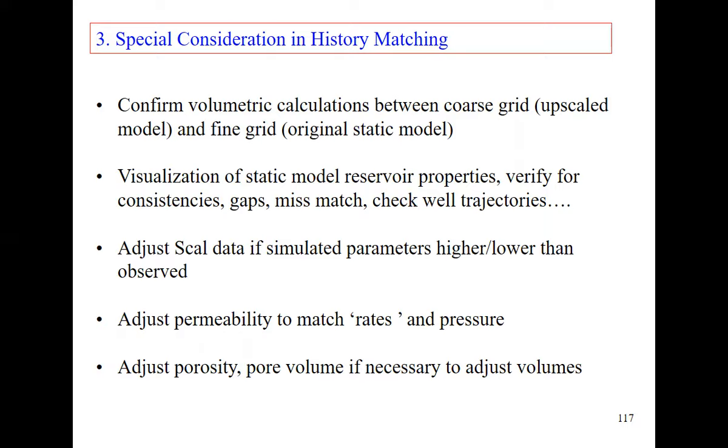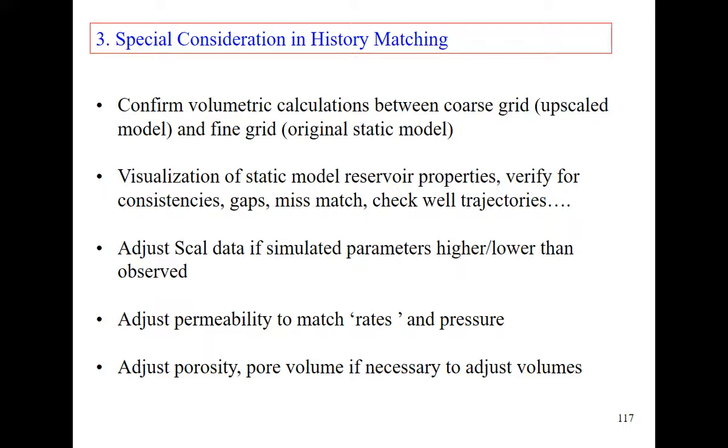So visualization of the static model reservoir property: verify the consistency, the gaps, the mismatch, check well trajectories. So when you get, for example, a geological model from the geologist, you have to check all, for example, well trajectories. You will see them in the model. Maybe there are discrepancies, some gaps, some faults not well done, and so on.